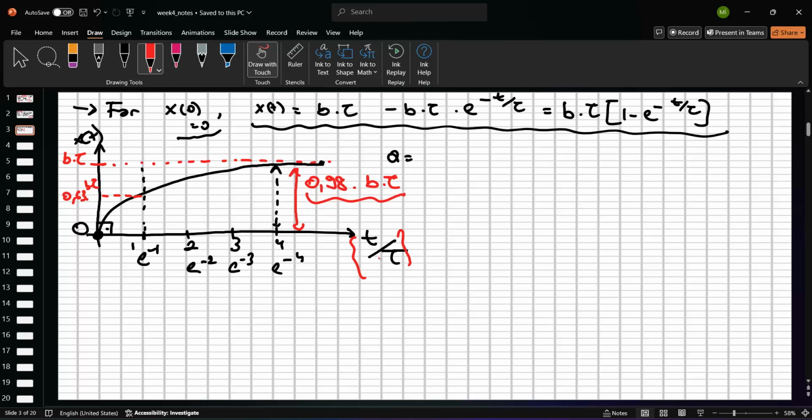For example, if we choose tau is 2 or 5, this graph is always the same as the previous one. Okay? Because the tau is also changed. But the shape is the same. Which is why we need to use the tau value in here. Okay?